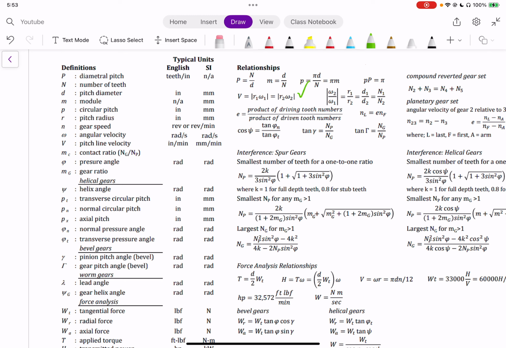So we can see on this formula sheet some of the stuff that we've already looked at. You can see this R1 omega 1 equals R2 omega 2. Then we have this equation right here, which we wrote at the start. And then we have other equations determining some of the other changes. We also have the equation with the mg, which we just wrote out, so if you want to use that equation, you're more than welcome to.